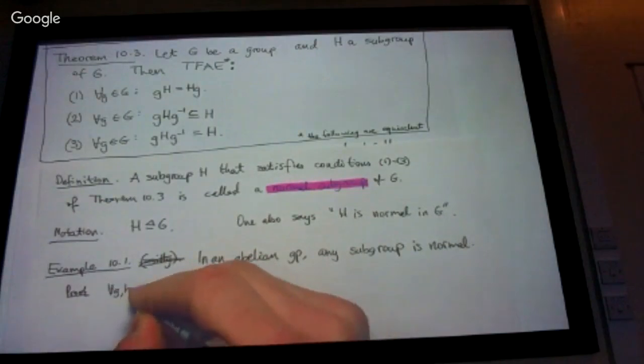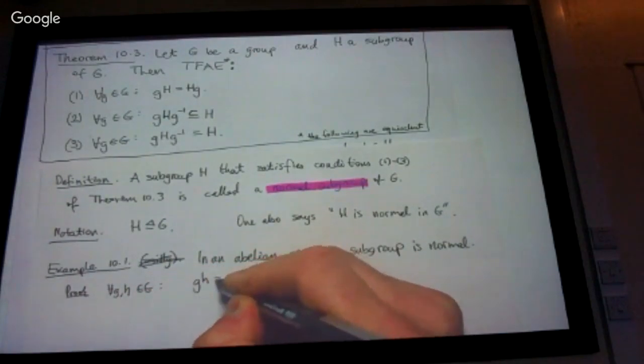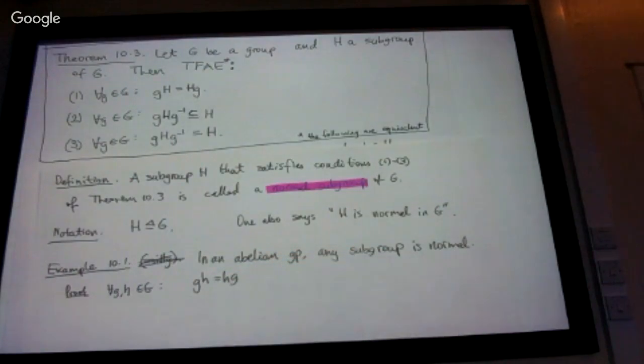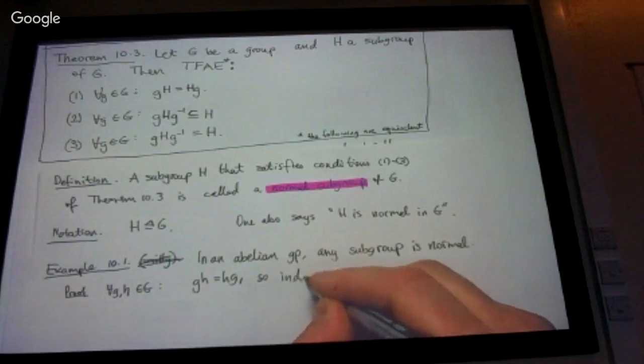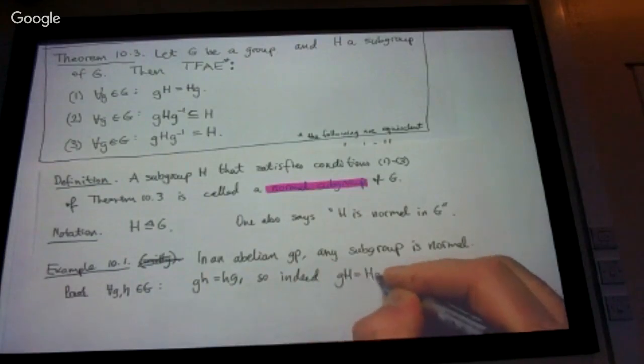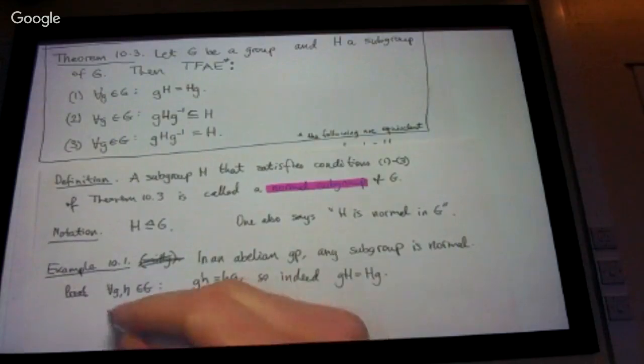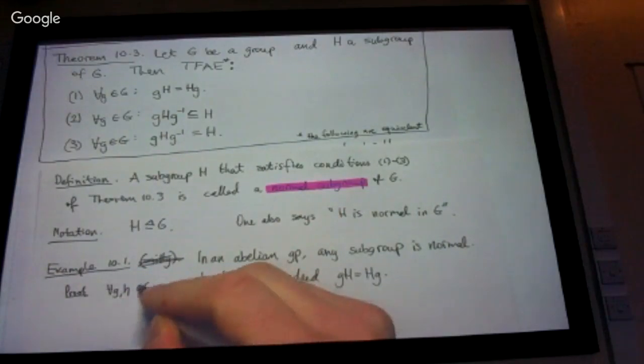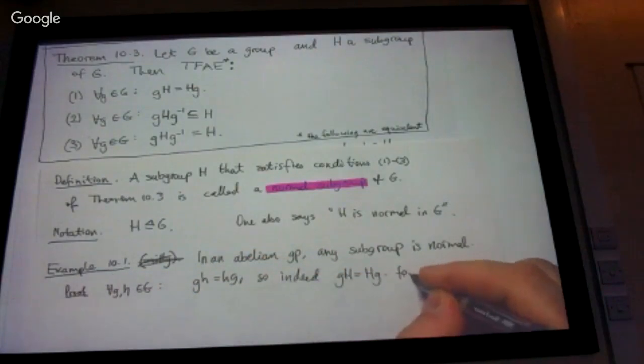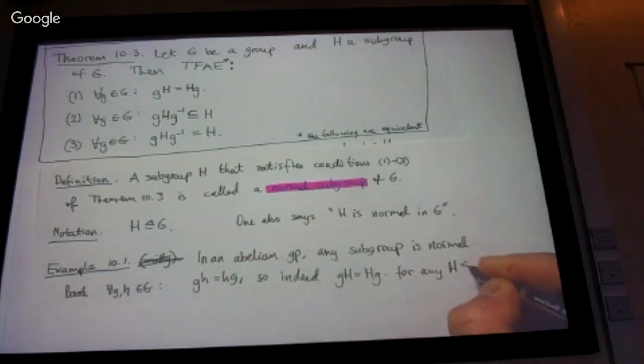For any g and h, gh equals hg, even element-wise. What I said before was that left and right cosets don't have to be the same element one by one, but in an abelian group they actually are. So the cosets are always the same.